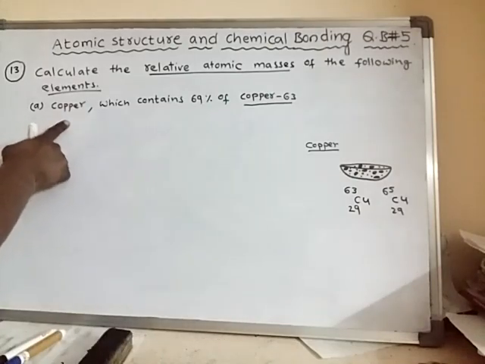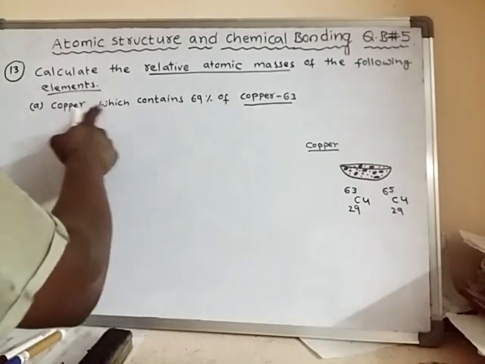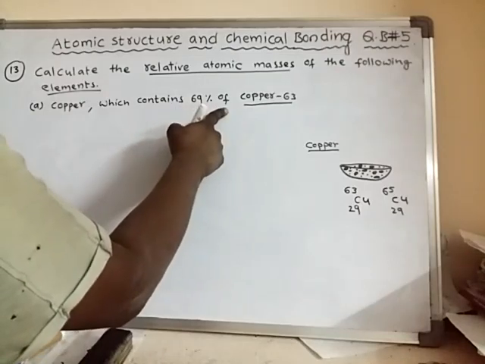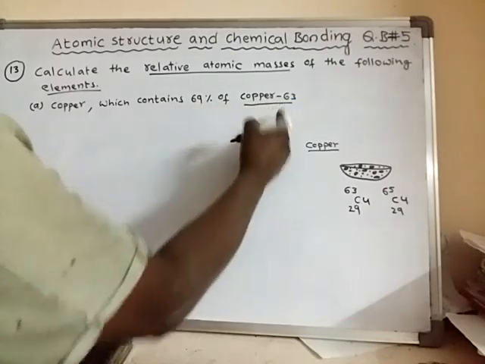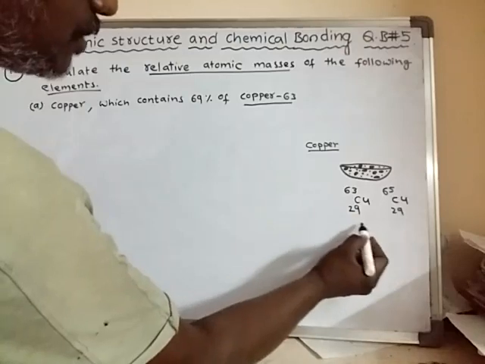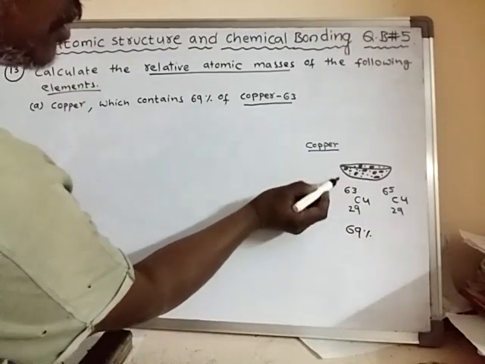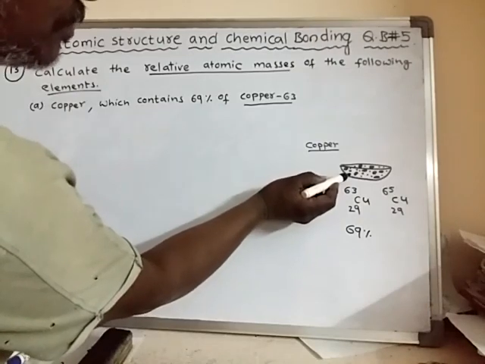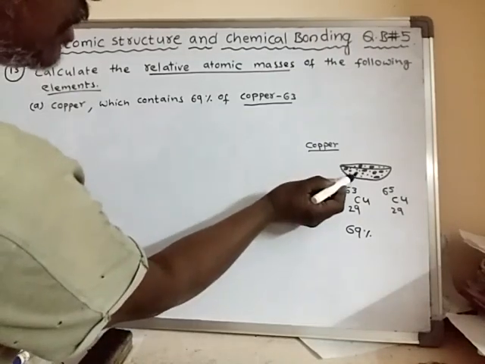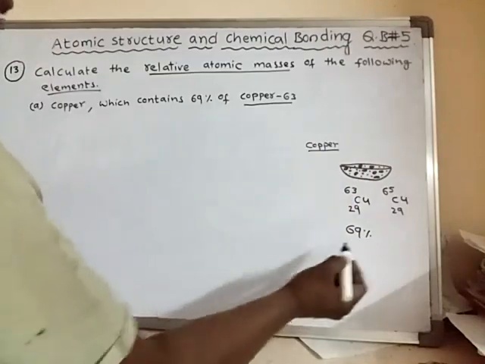So this particular element copper contains 69% of copper 63. These atoms are present at 69 percentage. Suppose this is copper 63, the small atoms, and the large atoms are copper 65. How much will it be?